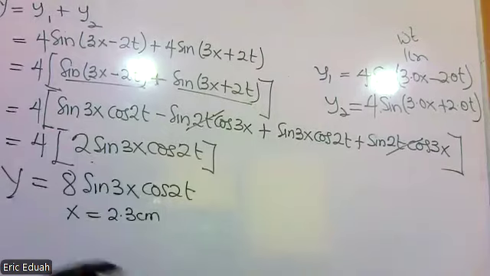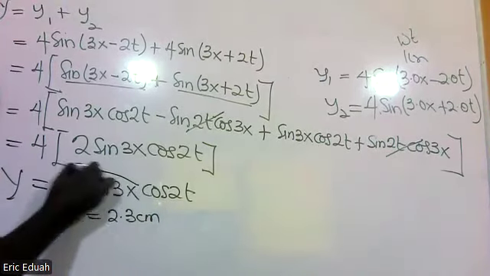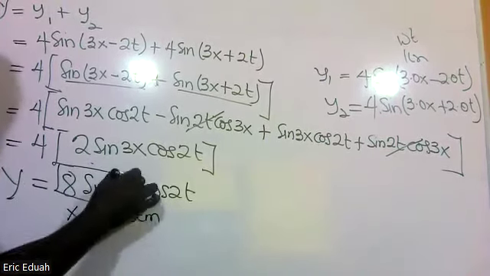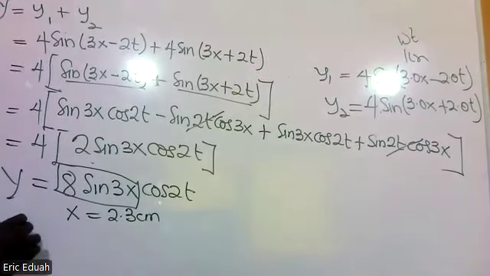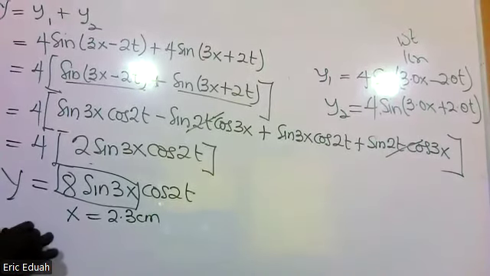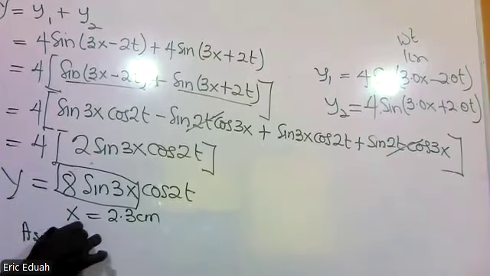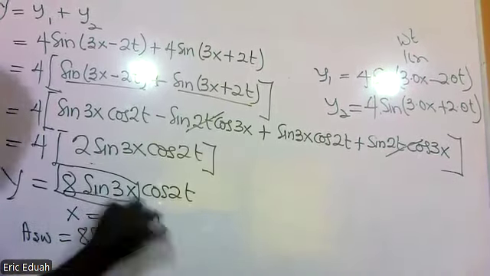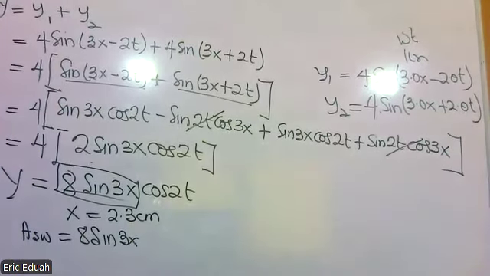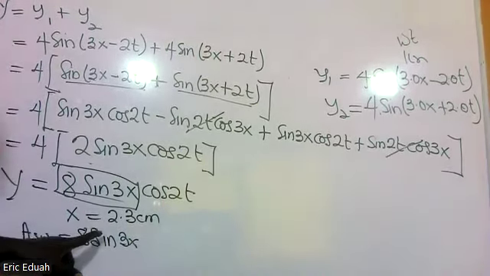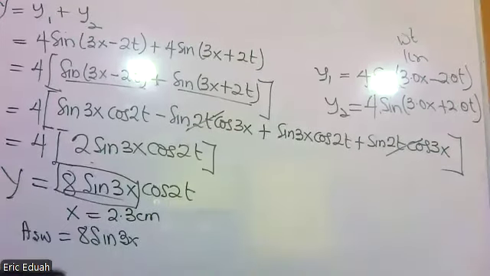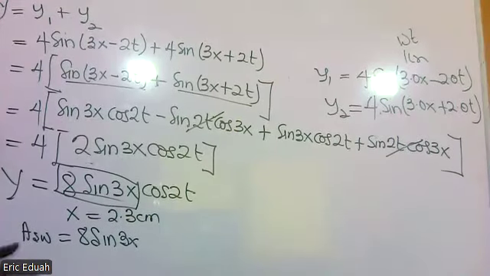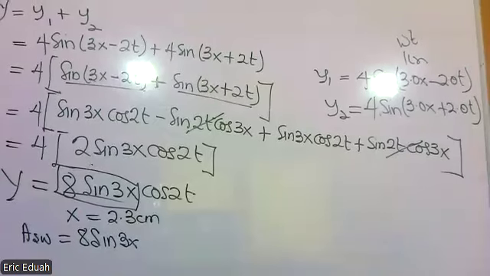Here is about amplitude. So you need to tackle the amplitude function of the stationary wave, A_SW, which is equal to 8 sine 3x. That's the amplitude function. So if the question is asking you to determine an amplitude when x is equal to this, the amplitude function is what you need to tackle.